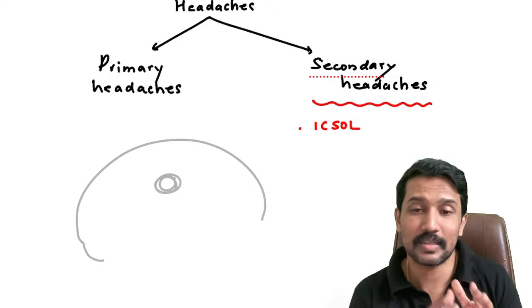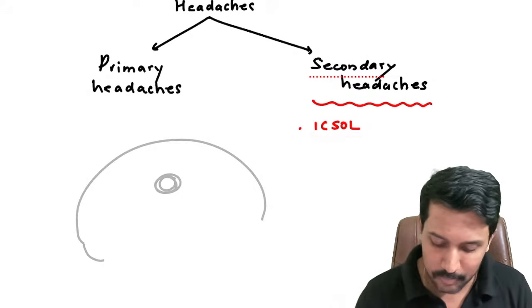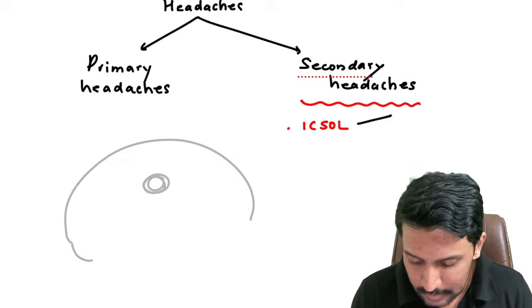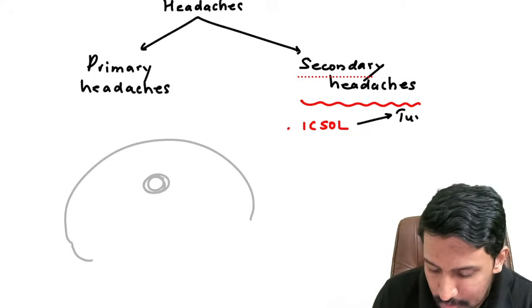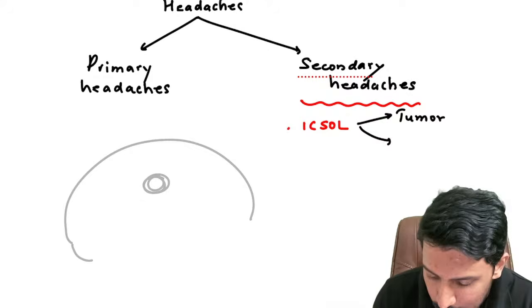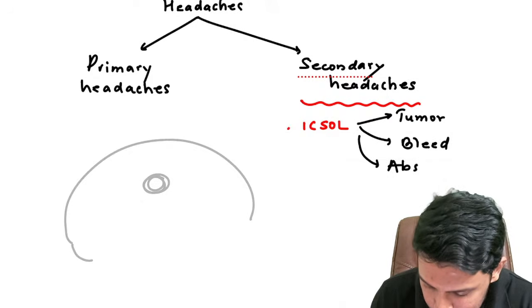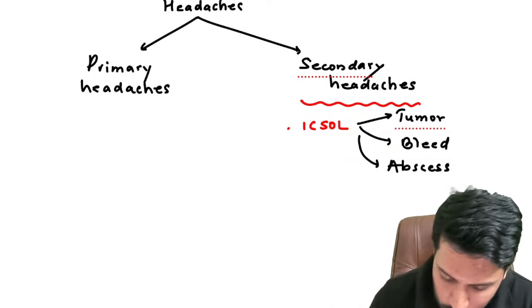That's what we call raised intracranial tension. So anything that eats up the space in the brain increases the intracranial tension, and it is not good for the health of the brain. So what are the examples? It could be an intracranial tumor, it could be a bleed, or it could be an abscess. So these are secondary causes for headache.